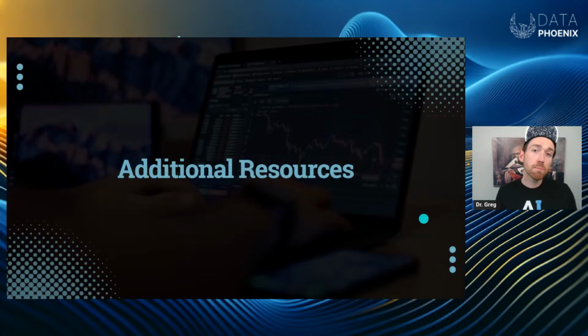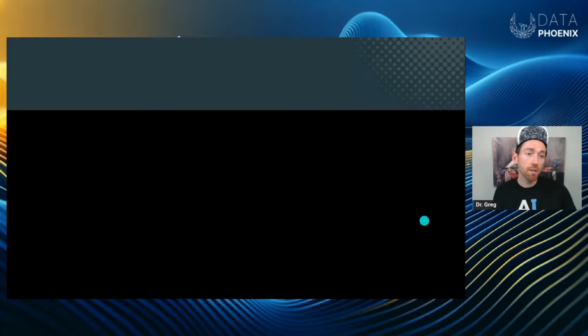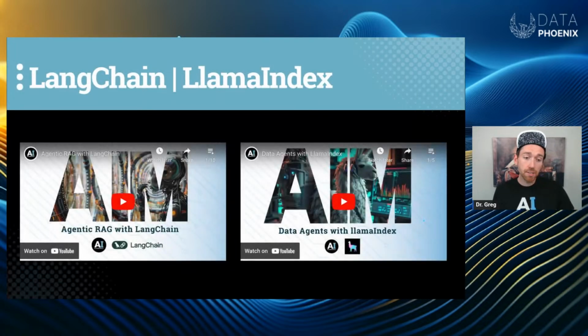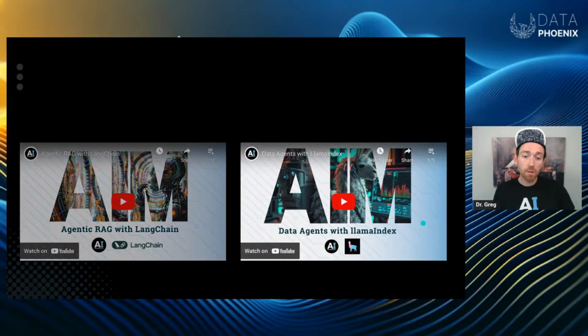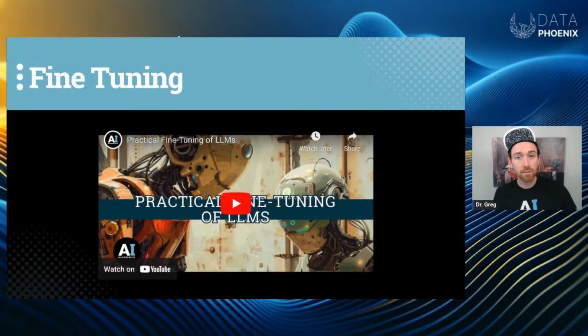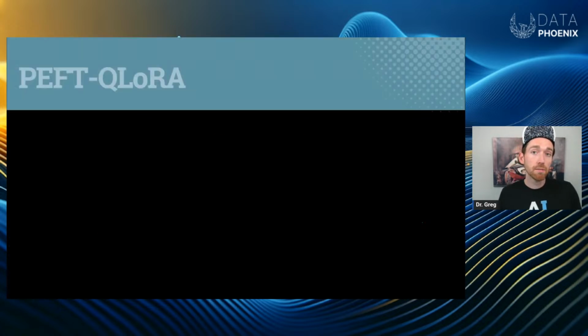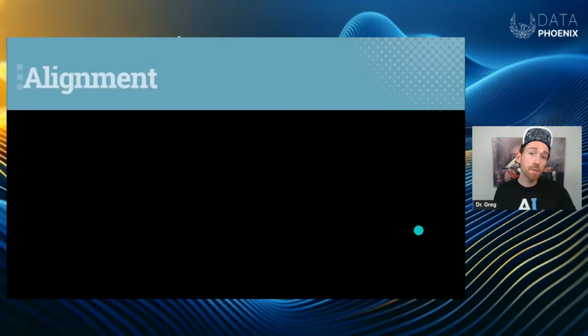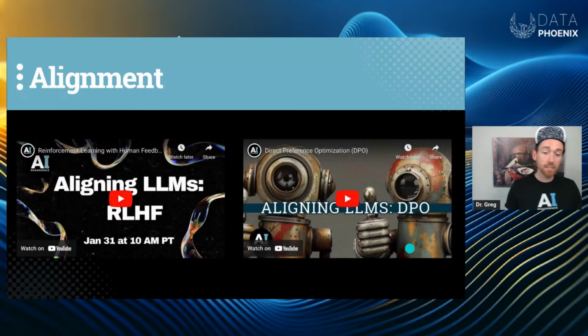If you want to go deeper, we've got lots of resources on things like advanced RAG, on things like LangChain and Llama Index and doing agents in both, on practical fine tuning, on parameter efficient fine tuning, quantization, and LoRa, and even on alignment with techniques like RLHF and DPO.